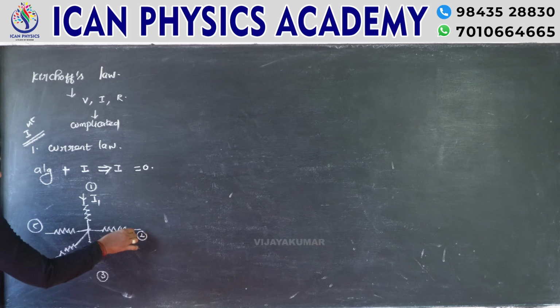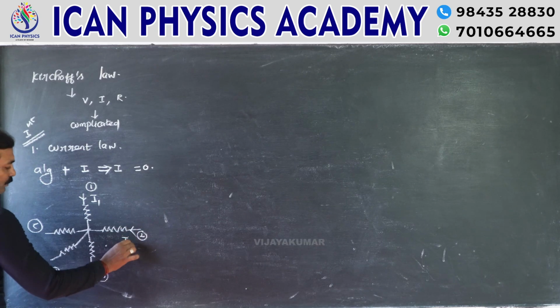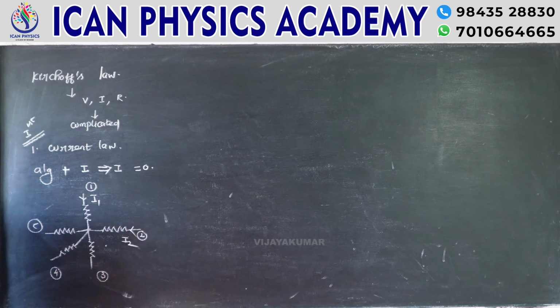In the arm 2, the current is moving towards the junction, I2. Let us consider I3 is the current moving away from the junction in arm 3. I4 is the current moving away from the junction in the arm 4. I5 is the current moving away from the junction.